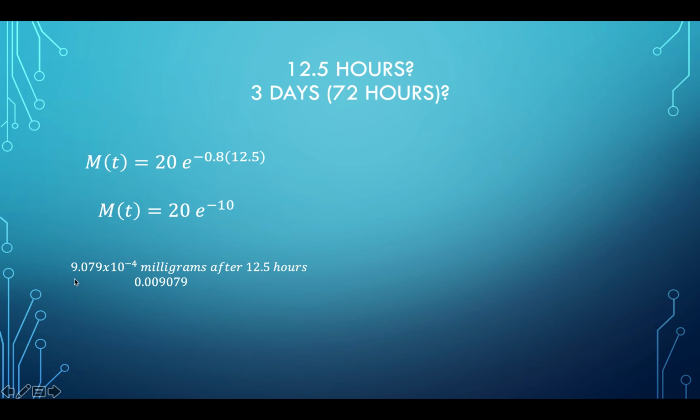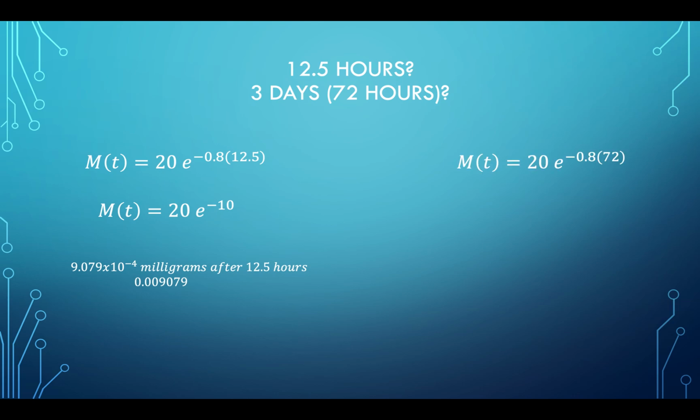Or, some of you in your homework did this: you move the decimal point 4 places back to the left. So you would get 0.0009079 milligrams after 12 and a half hours.